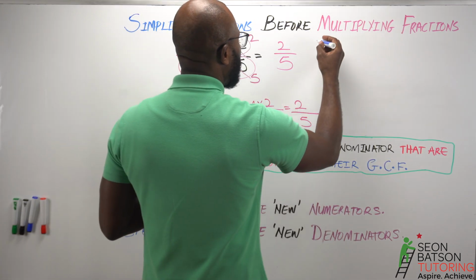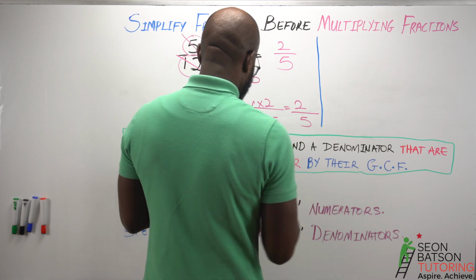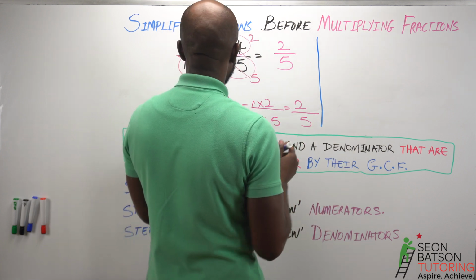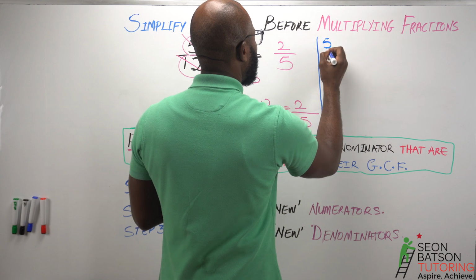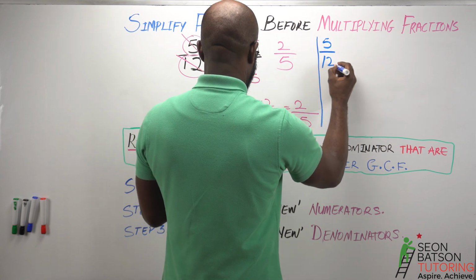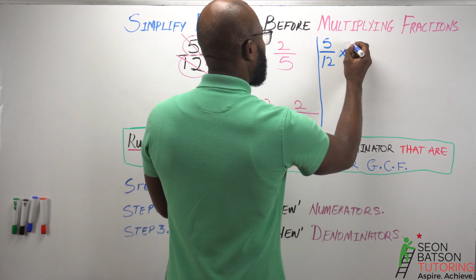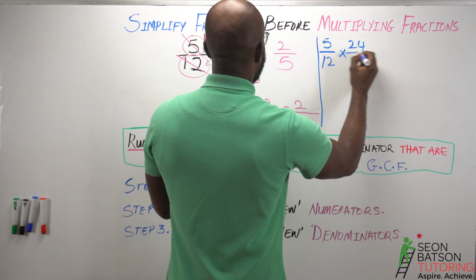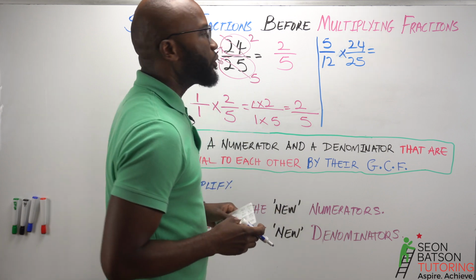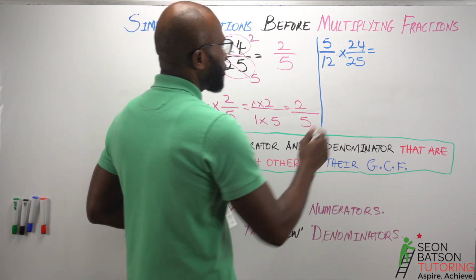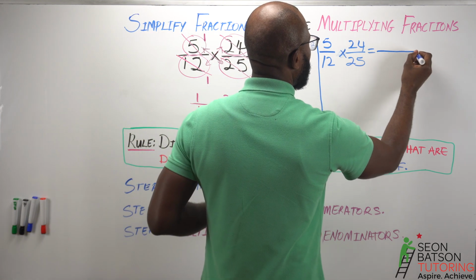Let's work the problem without simplifying and see what will be the end result. What do we have? 5 over 12 times 24 over 25.